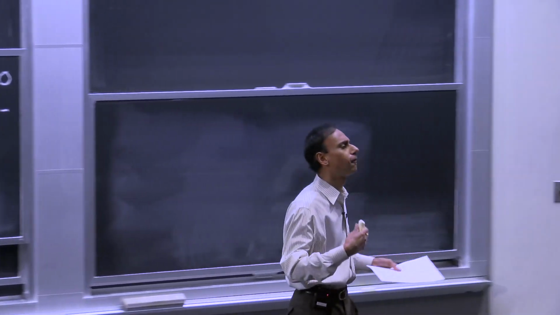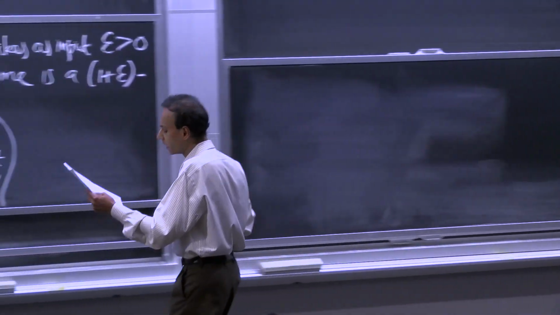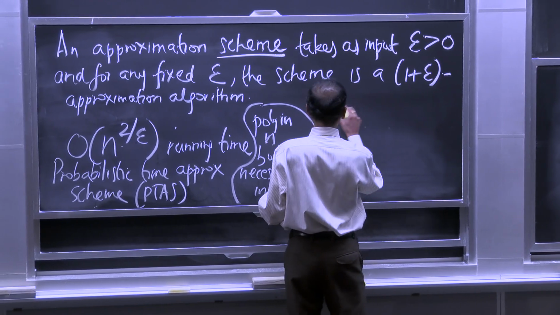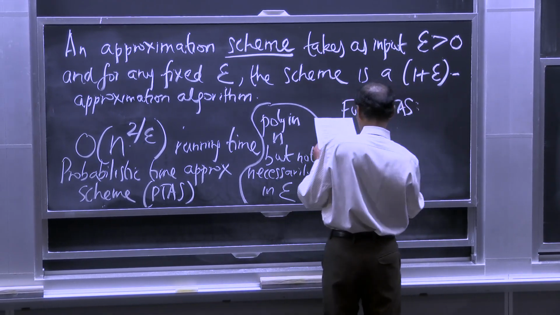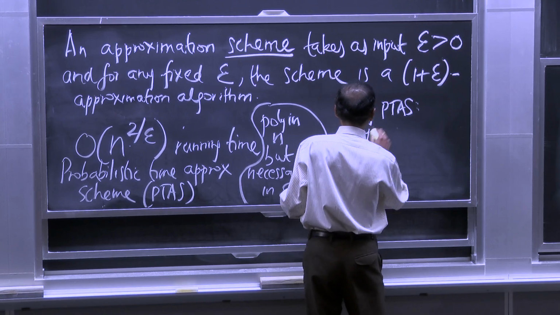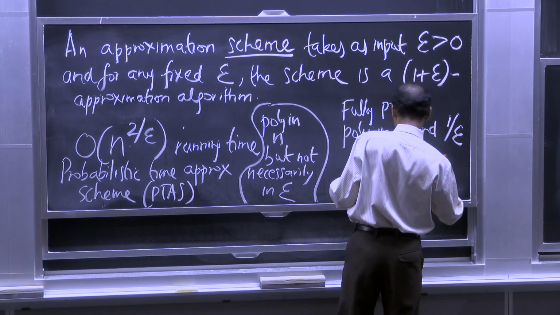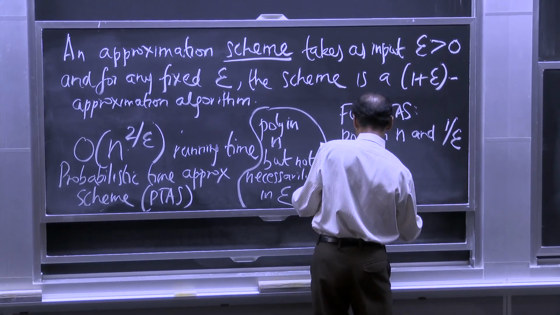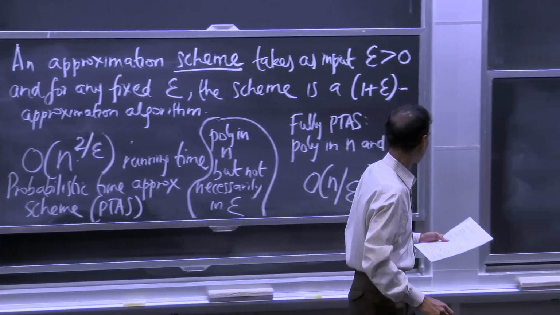We just say fully polynomial time approximation scheme, FPTAS, if it's polynomial in both n and 1 over epsilon. Right? So a fully PTAS is polynomial in n and 1 over epsilon. So a fully PTAS scheme would be something like n divided by epsilon squared.